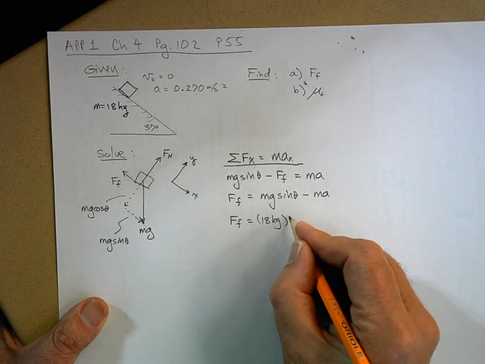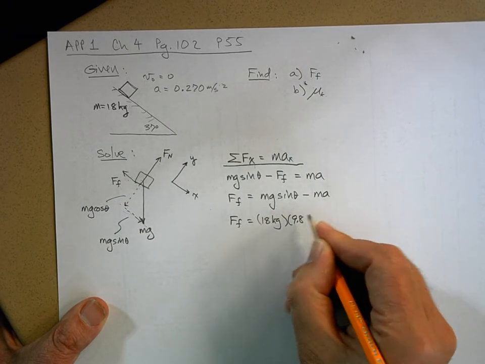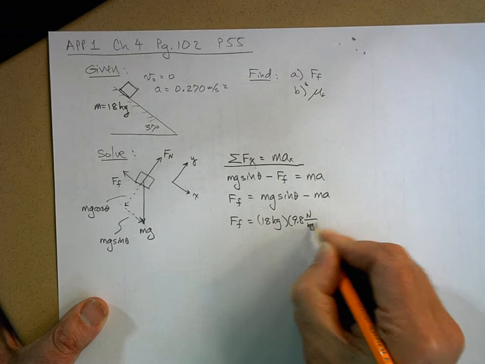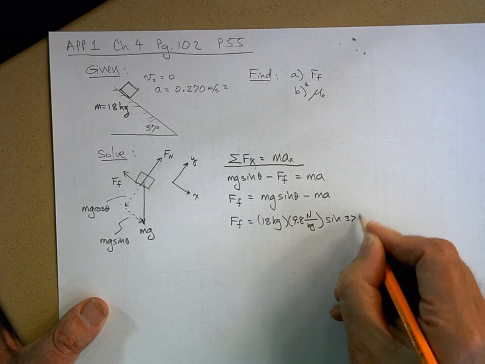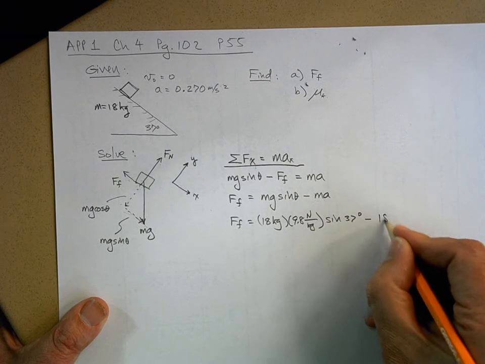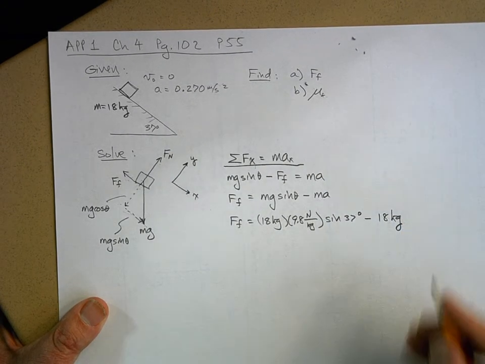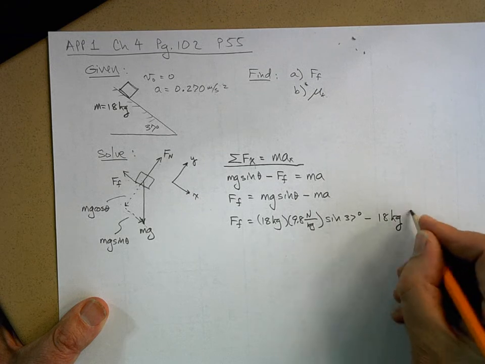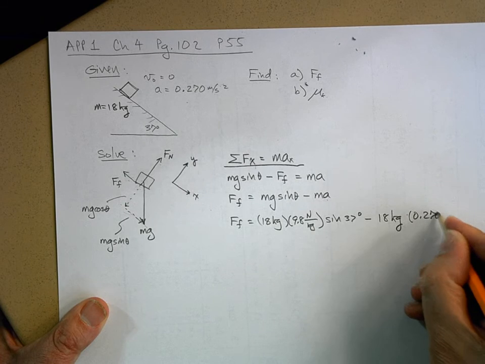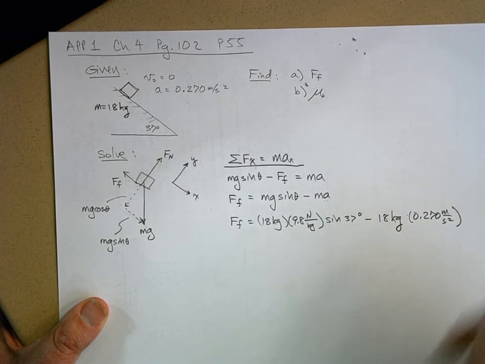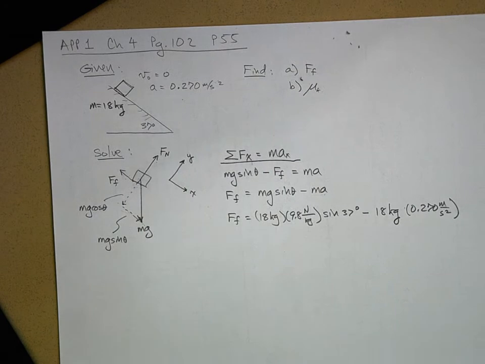You can factor this out, it makes the math a little bit faster. 9.8 newtons of force per kilogram of mass times the sine of 37 degrees minus 18 kilograms times the given acceleration, 0.27 meters per second squared. Now I get my calculator out. Where'd my calculator go? There it is.